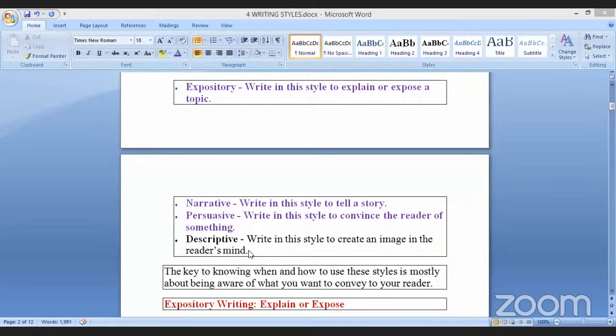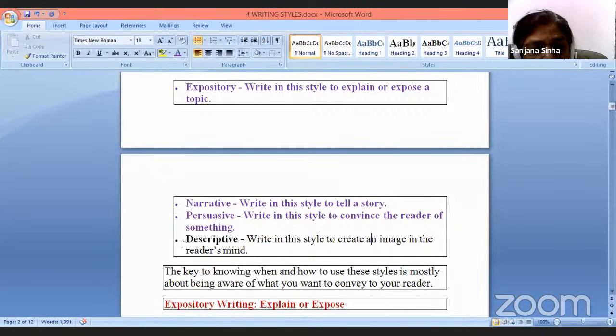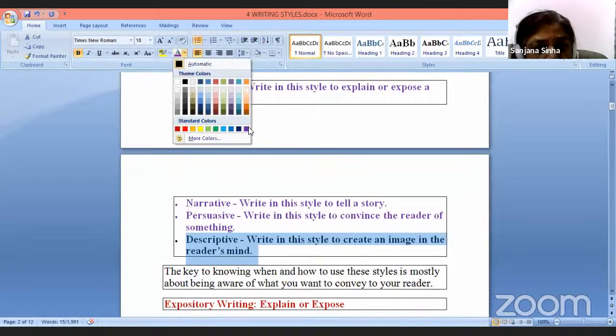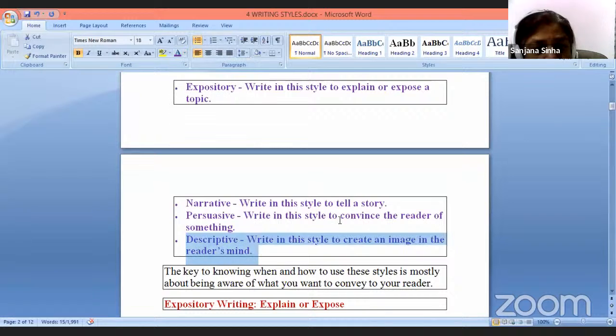And the next, the last, is the descriptive style. Descriptive means you are giving the details. What are you doing? You are giving the details. You're describing it.